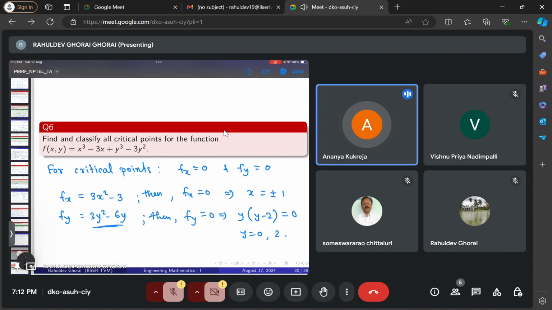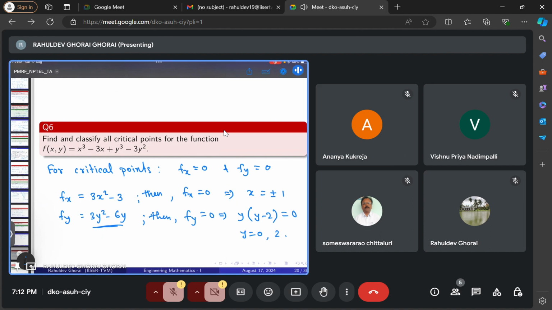(1, 0), (1, 2), (-1, 0), (-1, 2). Great. So it's not only something like (1, 0) and (1, 2). Don't make a mistake here, you may get confused. All the points have x equal to plus minus 1. For plus minus 1, both (-1, 0) and (1, 0) are critical points, and at y equal to 2, (1, 2) and (-1, 2) also.